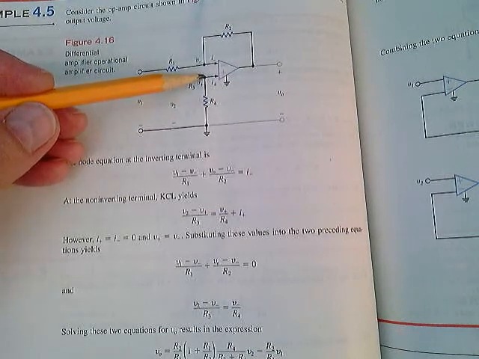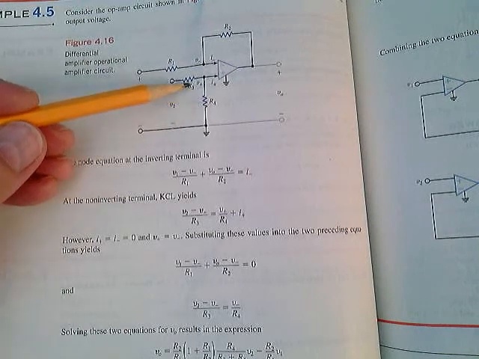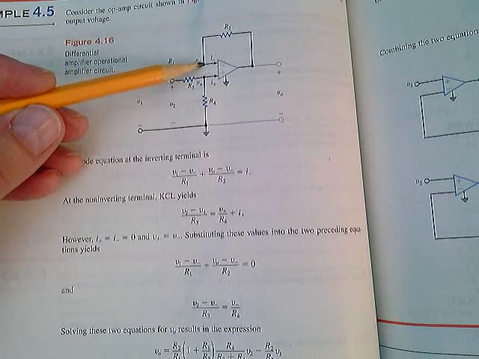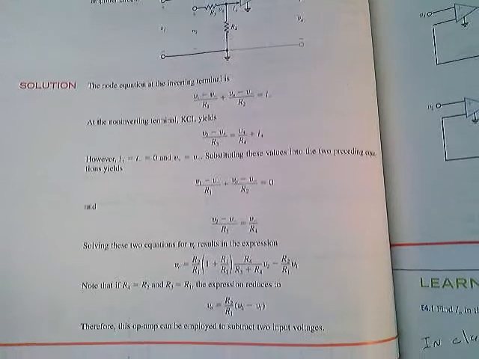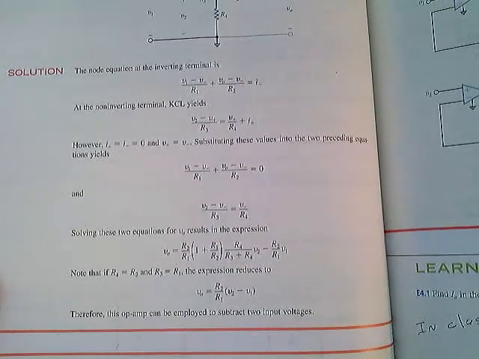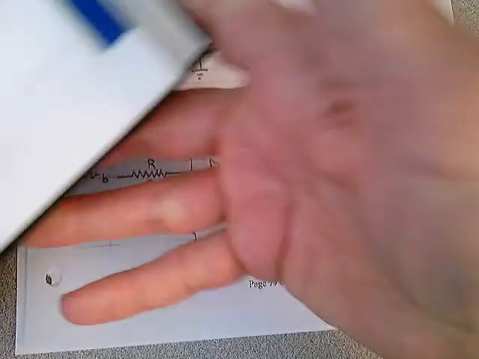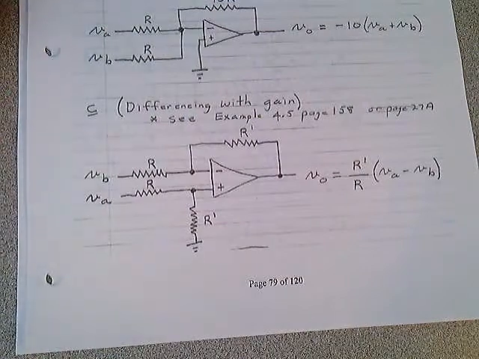V plus input is V2 times R4 divided by R3 plus R4. Project that back to this point and do your nodal analysis at that point. And you get these equations here. If you follow down through there, there's the analysis of it. So if you recognize these circuits, you can use them.